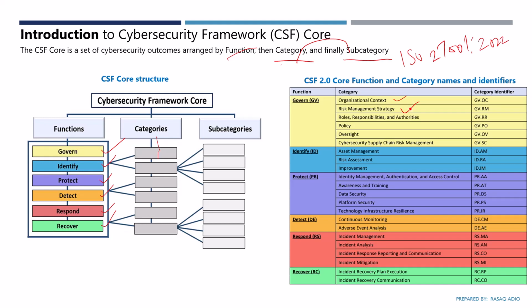So the risk management strategy goes a long way: how are you going to deal with risk within your environment? Then we are talking about roles, responsibilities, and authorities, just like what I've defined. Then don't forget that under Govern, we are going to be discussing the policy that governs the activities or behaviors of every staff member within the organization.